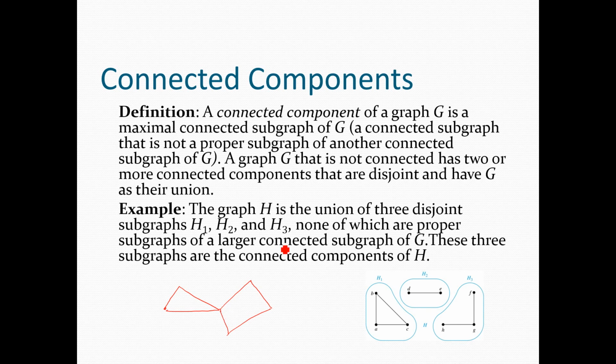Now, what if we remove this and this? So now the same supergraph, you may say this is A. Now it has two connected components, 1, 2, right?